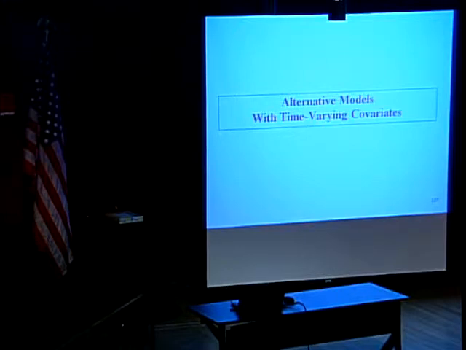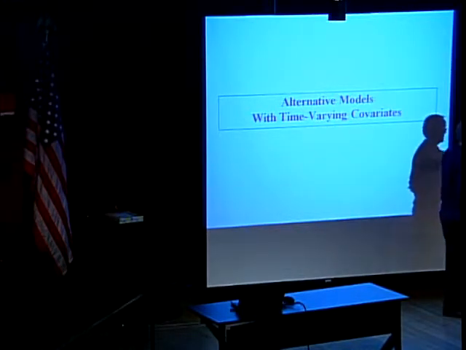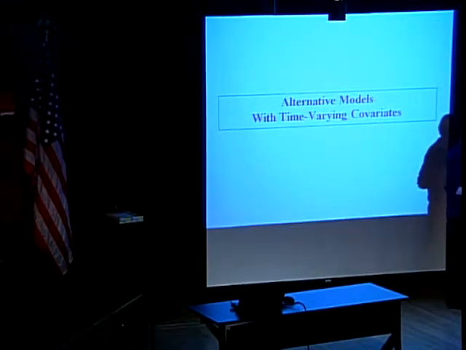We have so far talked about two alternative models. The one on the left here is the first model we showed when I tried to quickly make a distinction between time-invariant and time-varying covariates. The modeling here is done in a way that could be handled by the mean and covariance structure modeling framework. Why do I say that?